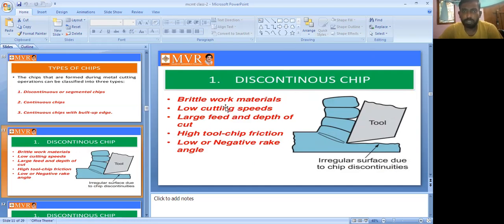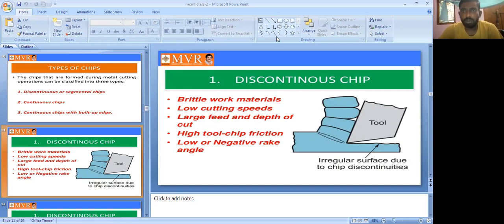Here are some points about the discontinuous chip. It occurs with brittle work materials and low cutting speed. The cutting speed is very low here. We use a large feed and depth of cut. We also observe high tool-chip friction, and a low or negative rake angle.